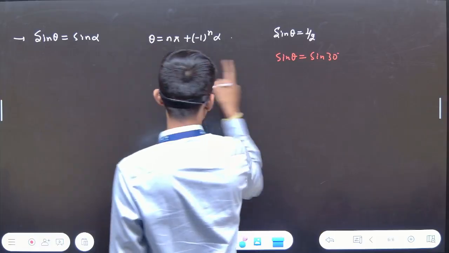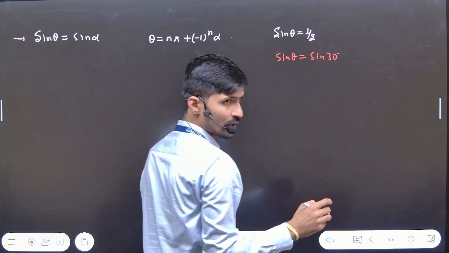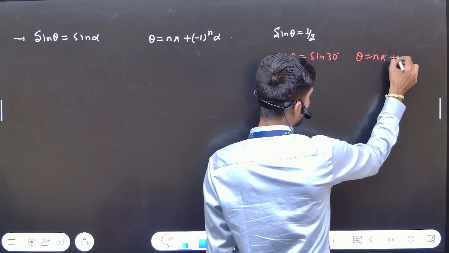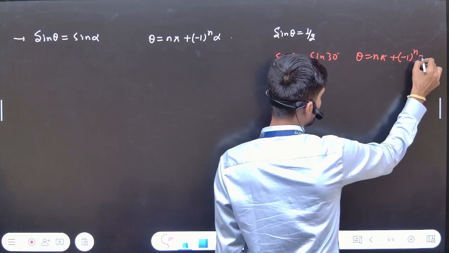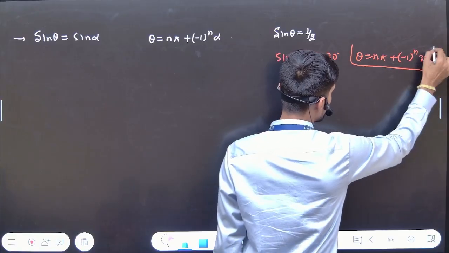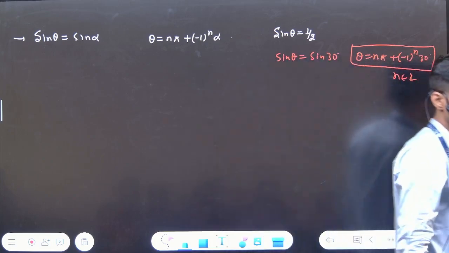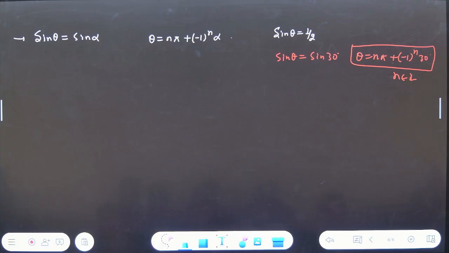It means now alpha is 30, and theta is what you have to find. Now you will write the answer: theta is equal to n pi plus minus 1 raised to n times 30 degree. This is the general solution. And here you write what n is. N is an integer. It can be both positive and negative. Okay, now write it down.